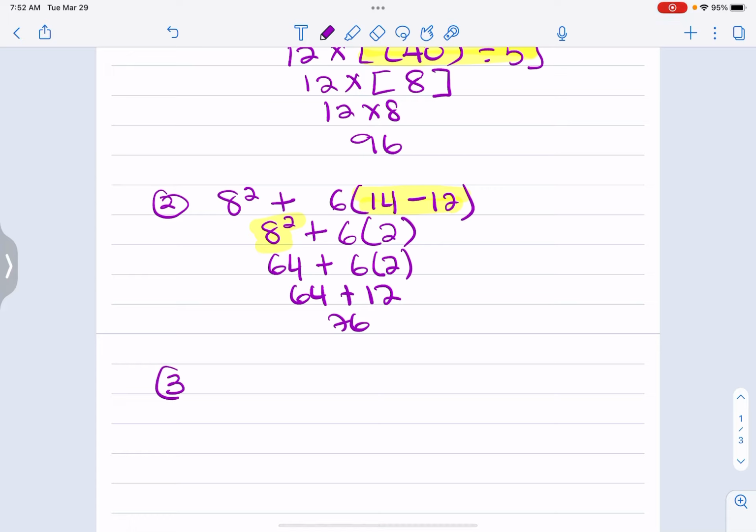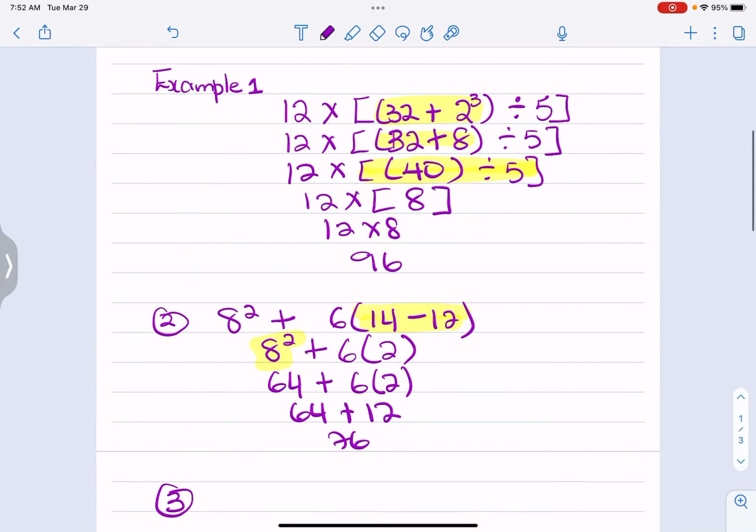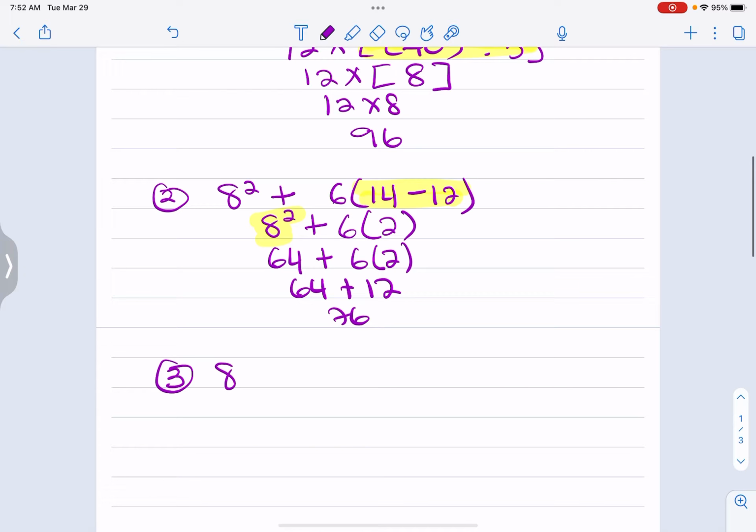Let's look at number 3. Another example. 8 multiply 54 divide 3 squared minus 3. Again, G represents parentheses. I'm sorry, grouping. See that PEMDAS is still so deep in us, but we have to try to move away.